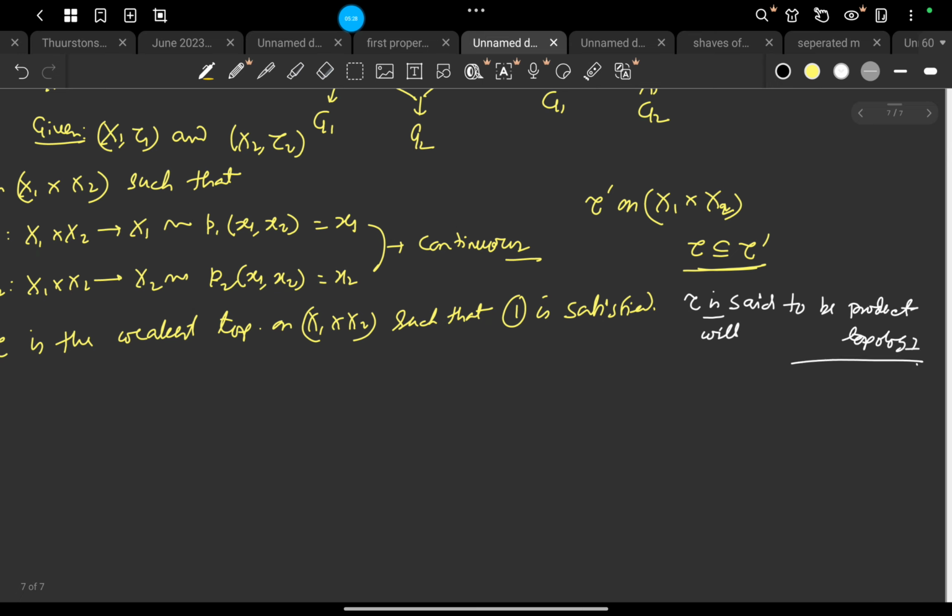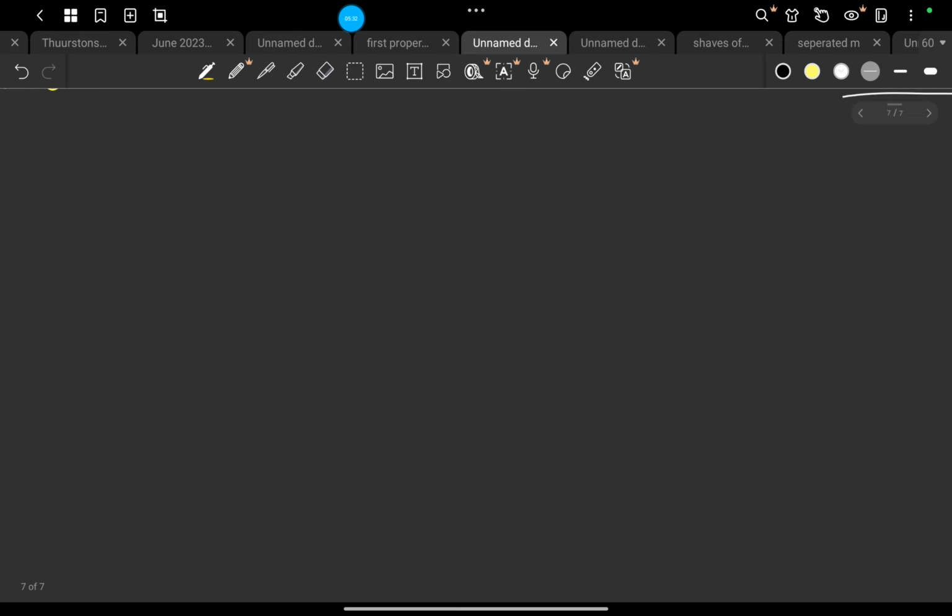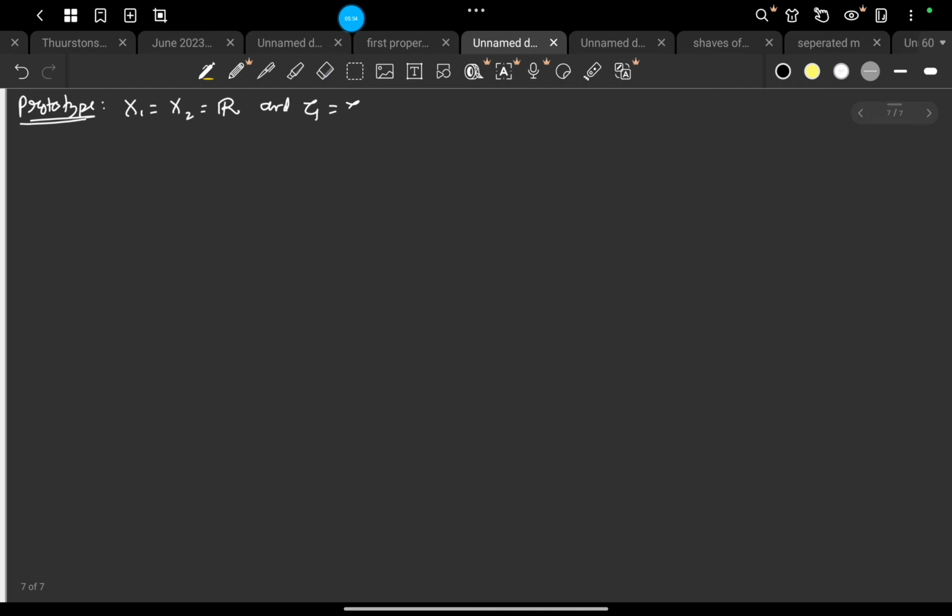All right, so to construct this topology, let us start with a very basic prototype. In order to give a prototype, let us consider the easiest case that we have. Let us consider X1 and X2, both the same as R, and tau1 the same as tau2, the normal Euclidean topology.